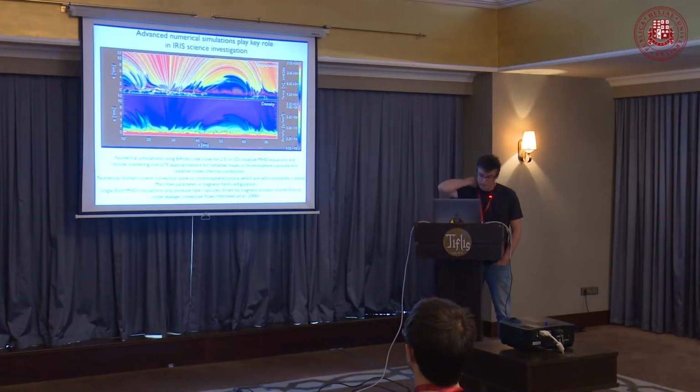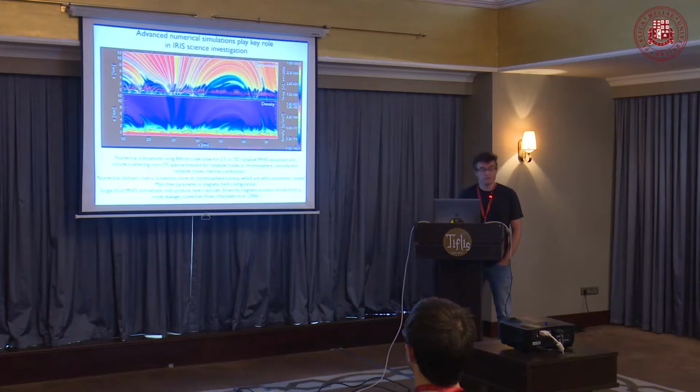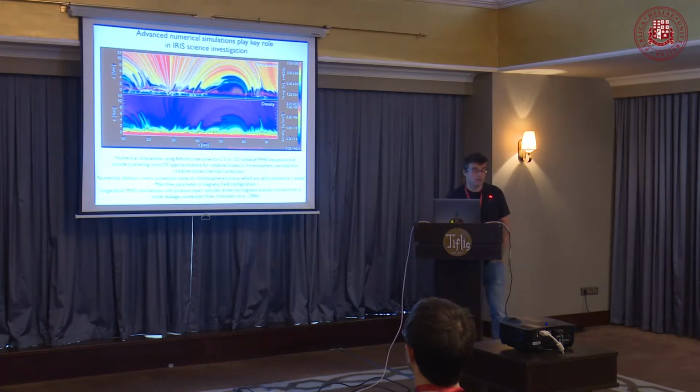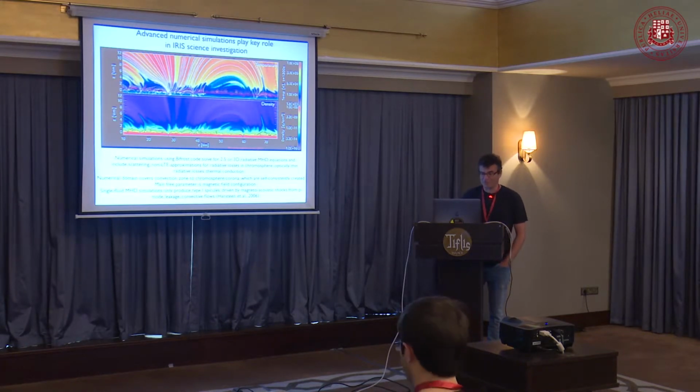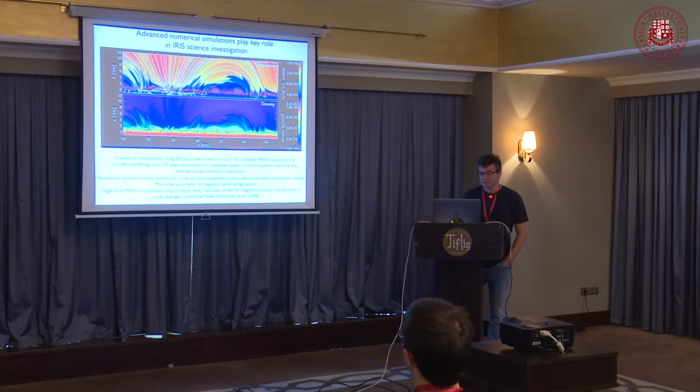These are simulations by Juan Martinez-Sykora. They're 2.5D. And for the last 10 years, whenever we've run these models, we've been looking for type 2 spicules, for very fast spicules in these models, and we've never really found a whole lot of them. I think there's one published, a whole paper, or even two papers about one particular spicule, because it looked like it was much faster than the typical spicules.